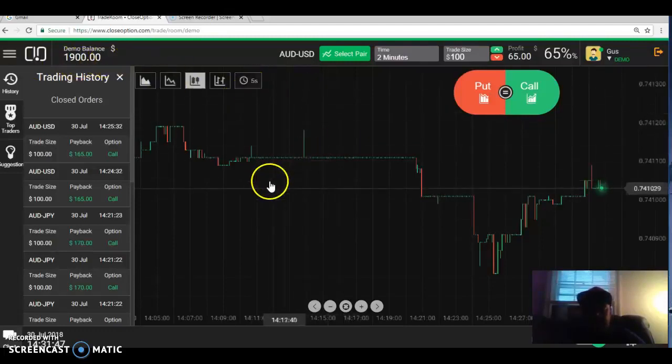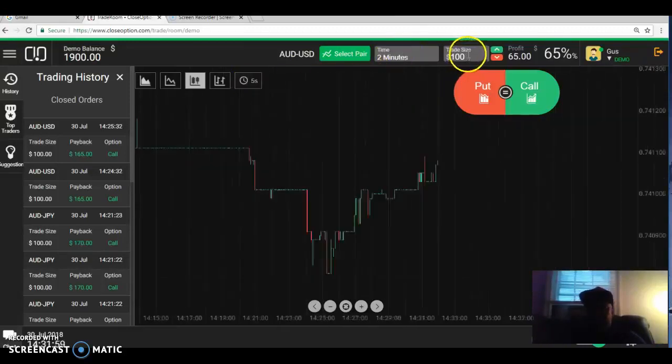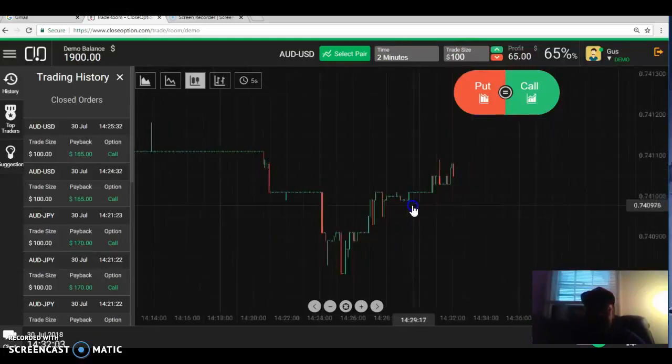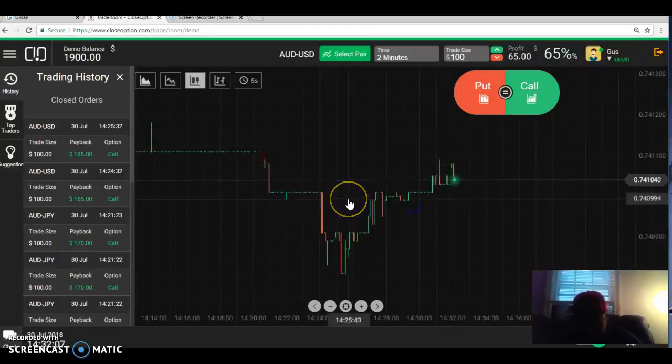So we're going to go ahead. What I'm looking at here is the AUD USD, the Aussie dollar US dollar. These are 5-second candles, as you see here, and I'm doing 2-minute trades, trading $100 lot sizes on the trade. So what I'm basically looking for in these patterns is a strong bullish trend or a strong bearish trend in the currency.